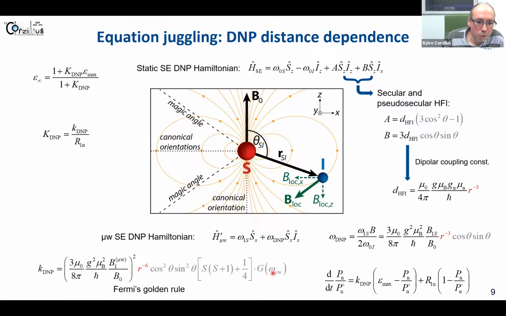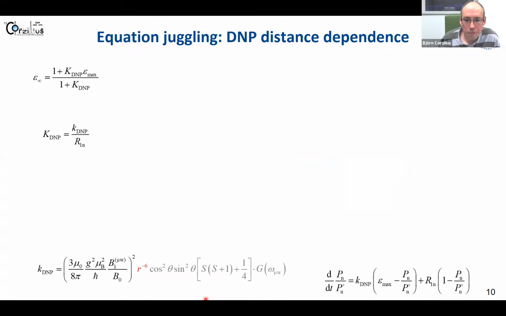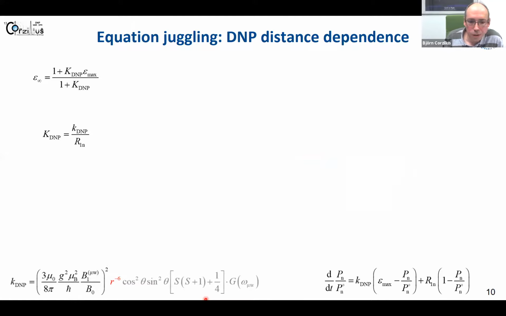From this, we just invoke Fermi's golden rule, and we see that the important thing here is that the DNP rate constant is a function of the inverse 6th power of the electron nuclear distance, because the transition moment is squared in Fermi's golden rule. So this is the next equation we have to keep in mind. So we put this in the other corner.